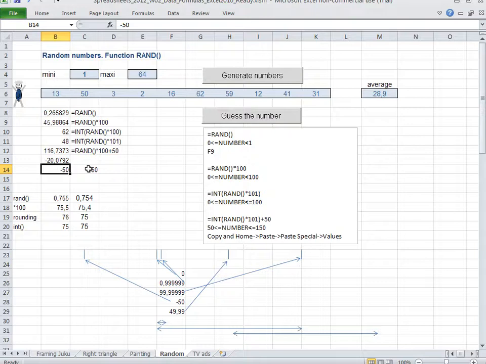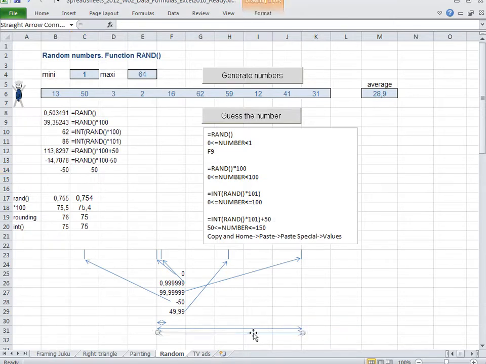Let's put this formula up on the display. Here it is. In that case, when we initially had a number between 0 and 100, the smallest number, 0, now becomes minus 50. And the biggest number, 100, now becomes plus 50.